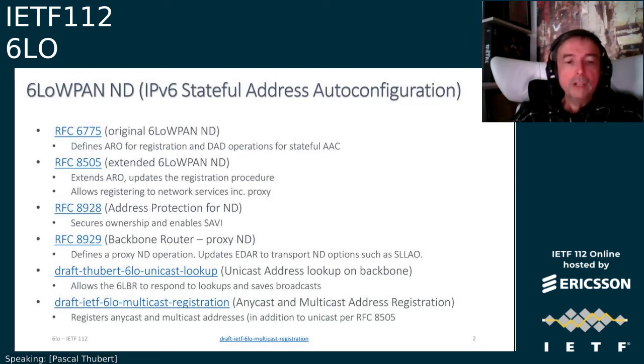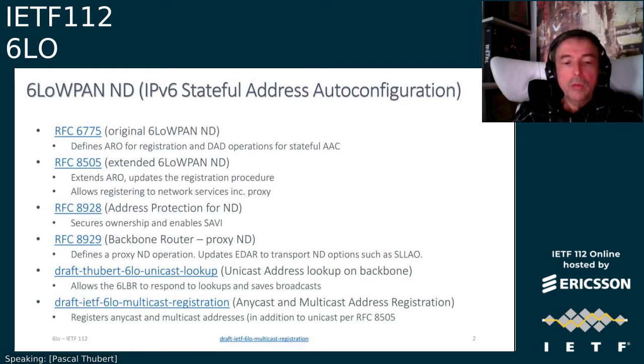So the family starts with 6775, which was extended and updated by 8505. More recently, we published address protection for it, meaning that the address that is advertised by 8505 can now be protected against address theft and impersonation attacks.